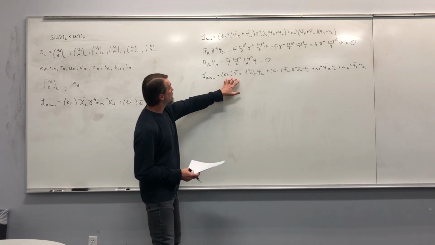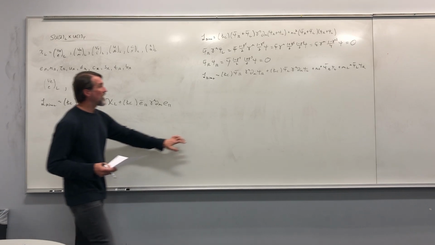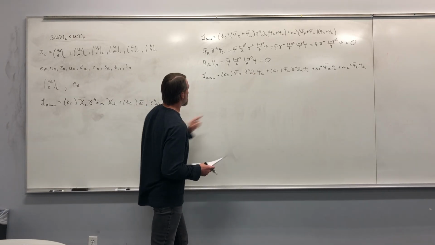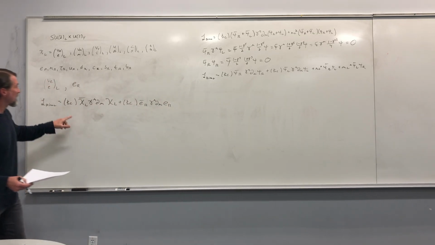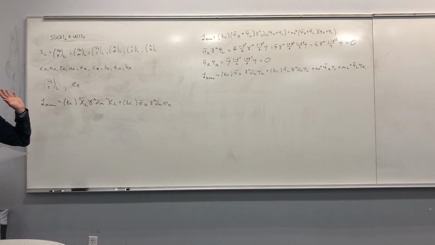This term is for the left, and this term is for the right. If we're doing the left, we have to include the doublets, and if we're doing the right, we just use the singlets.